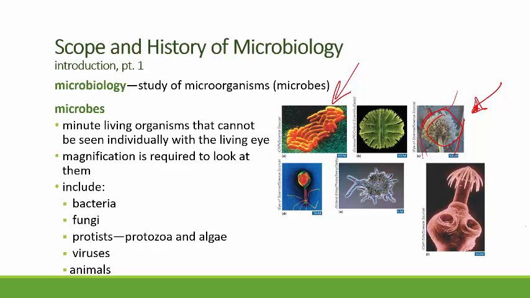Protists are also microbial. When we use that term protist, and we'll talk a lot more about that a couple of chapters from now, we're talking about a whole bunch of not even really closely related organisms that are all single-celled. Some of them are referred to as protozoa.